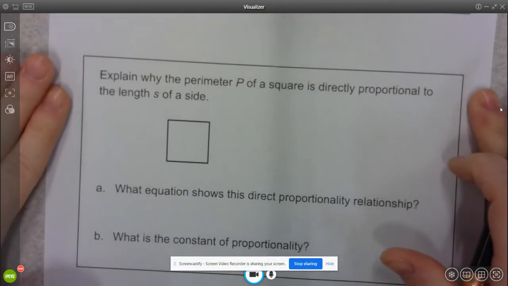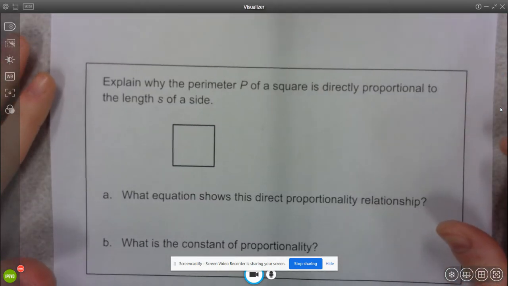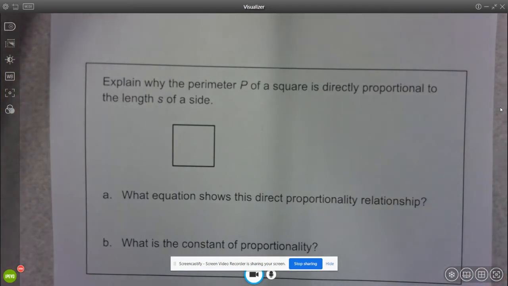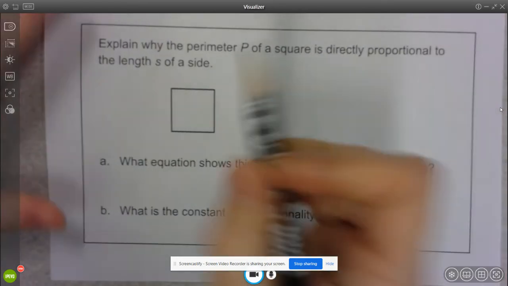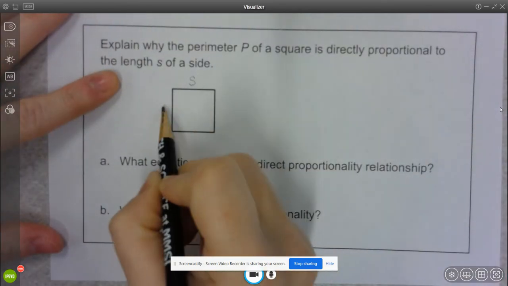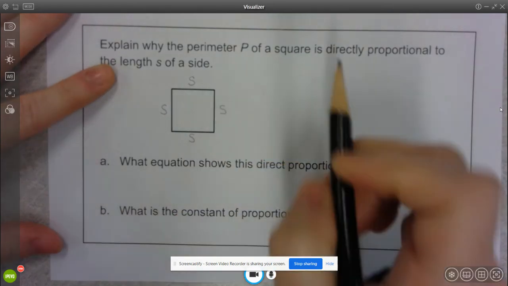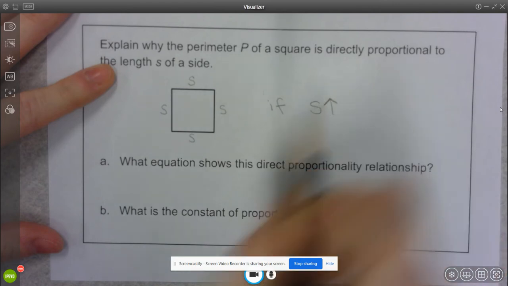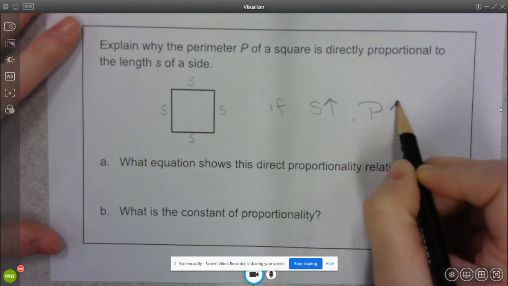So we're going to look at the perimeter of a square and why it's directly proportional to the length of a side. Since it's a square, each side is going to be s. So if my side length starts to go up, then my perimeter is also going to go up.